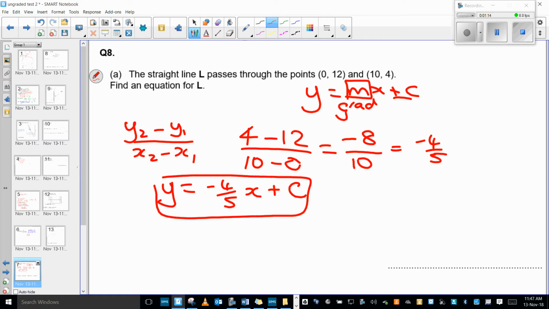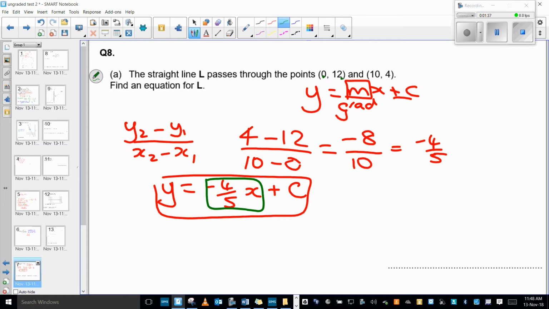We've got our gradient. We now need to find the y-intercept. Now, Emily spotted that we've got this coordinate here, (0, 12). If you see them, that's what you want to look out for. When we substitute these values in for x and y, it gets rid of this and gives you a y-intercept straight away.